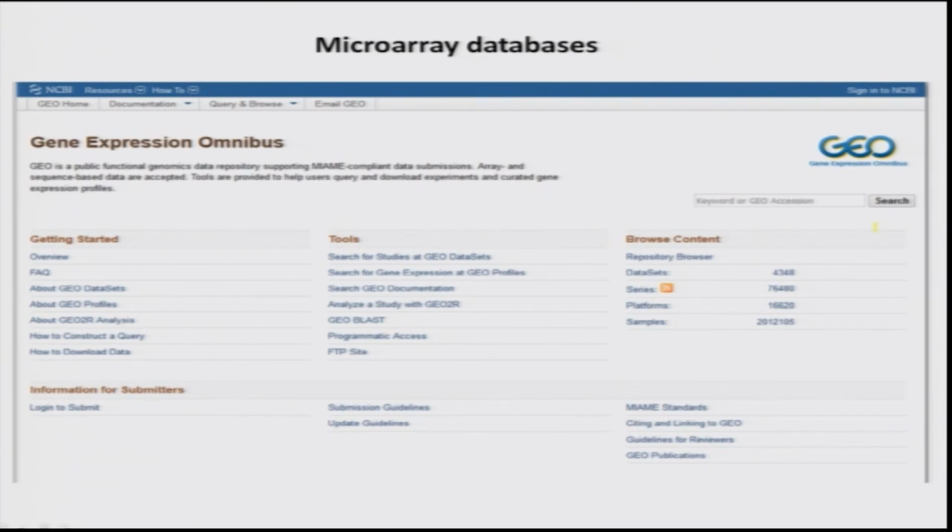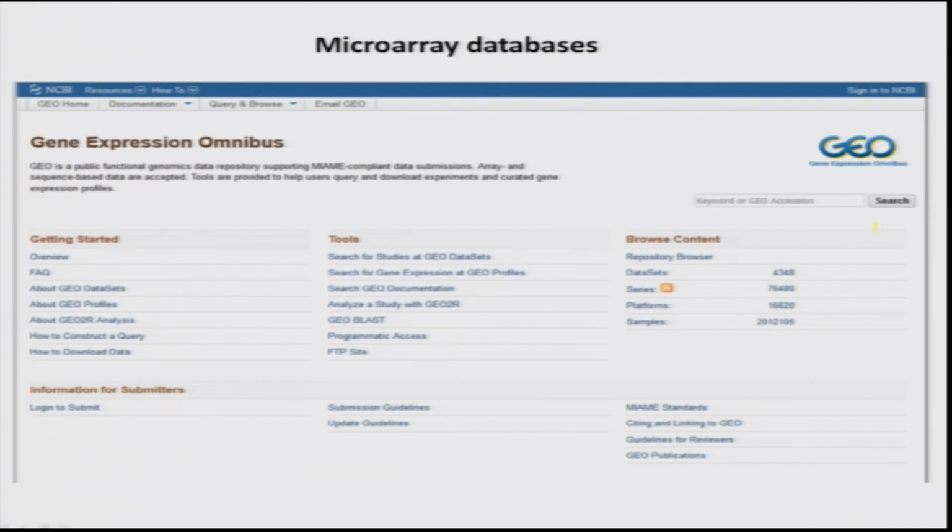Researchers found a need that all the data coming out of the microarray, the fold difference in expression level and so on, should be deposited in a common repository, because even the tools to analyze them are evolving. If the data is present, then one can evolve tools to analyze it.